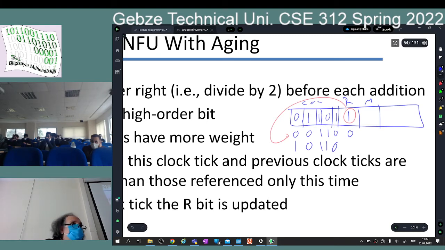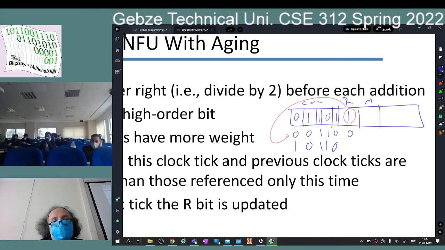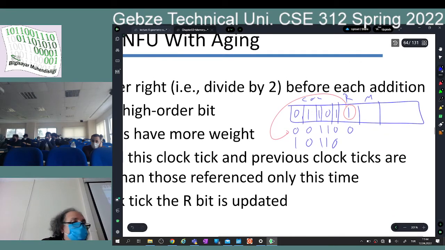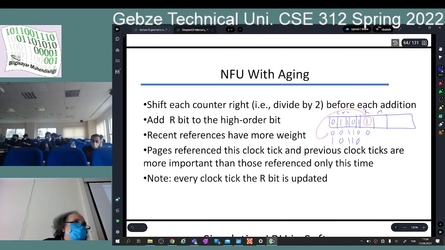So I am not simply adding the value to the numbers arithmetically. I am making this bit the most significant bit of this counter. So the most recently used counters will have the highest values, and the recent references have more weight.